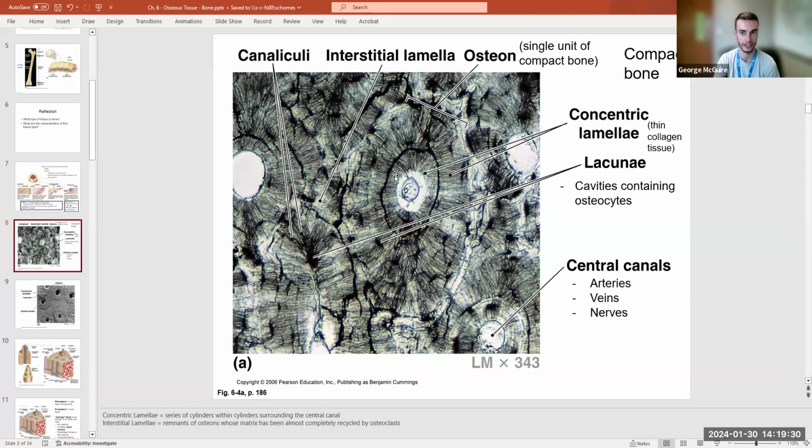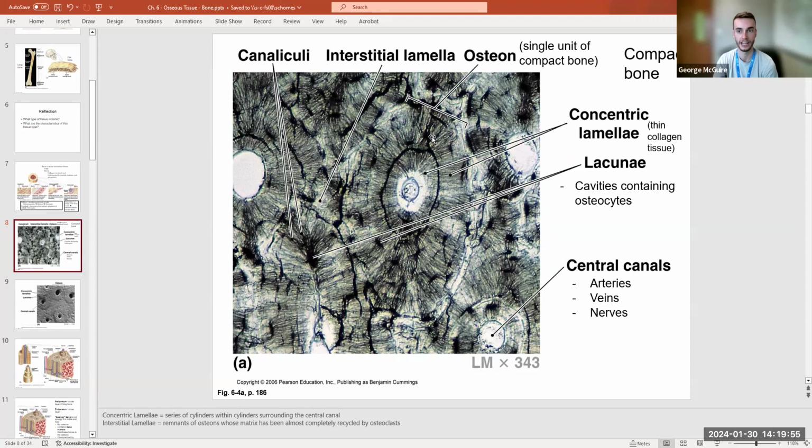So each osteon has a very central canal, which is where the arteries, veins, and nerves that are going to supply and respond to this tissue are going to travel through. And so that's also characteristic of an osteon. If you see all the layers following the same kind of structure and shape around one central canal, that is all part of one osteon.